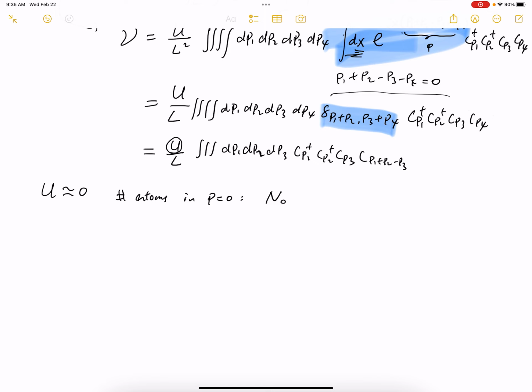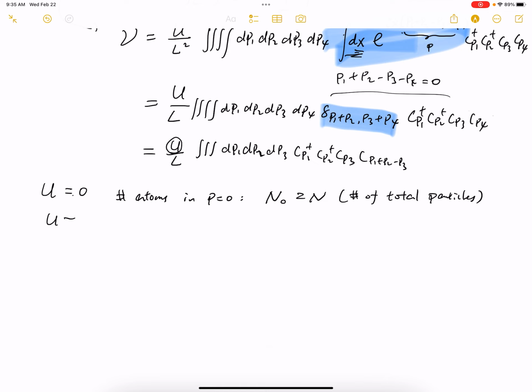In the non-interacting case, this N0 is just going to be equal to the number of particles you have in your system. So N0 is just equal to N, the number of total bosonic particles. So that's actually U equals 0.